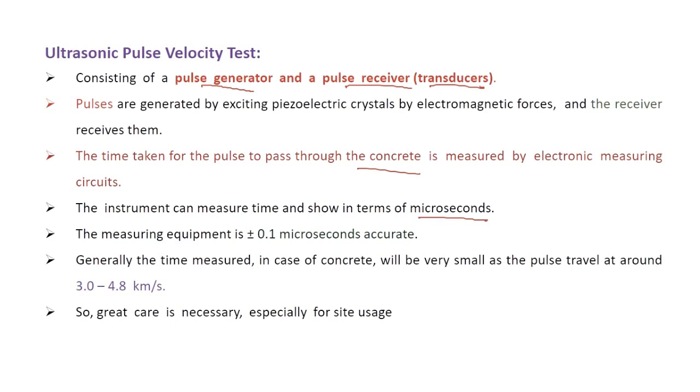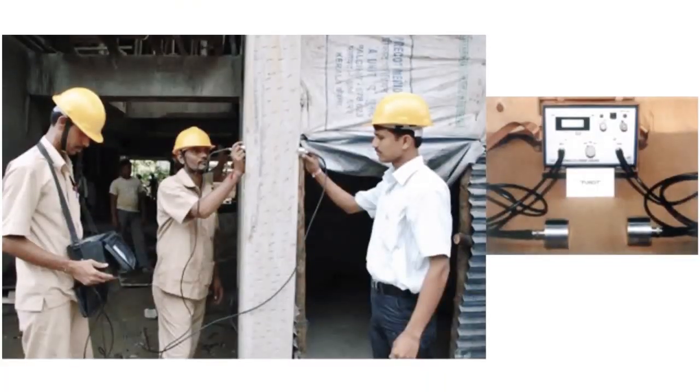You have to take care in handling the equipment because it takes very little time to travel from one place to the other through the concrete, because this pulse is going to travel at a speed of 3 to 4.8 kilometers per second.